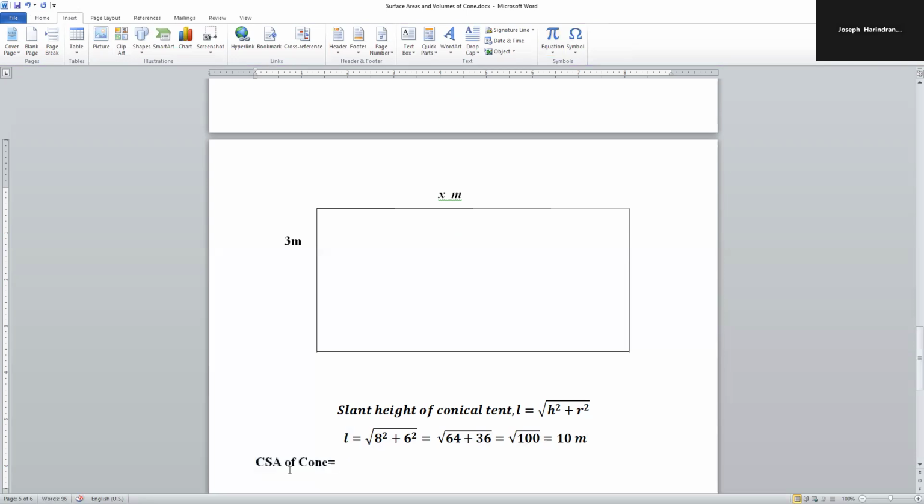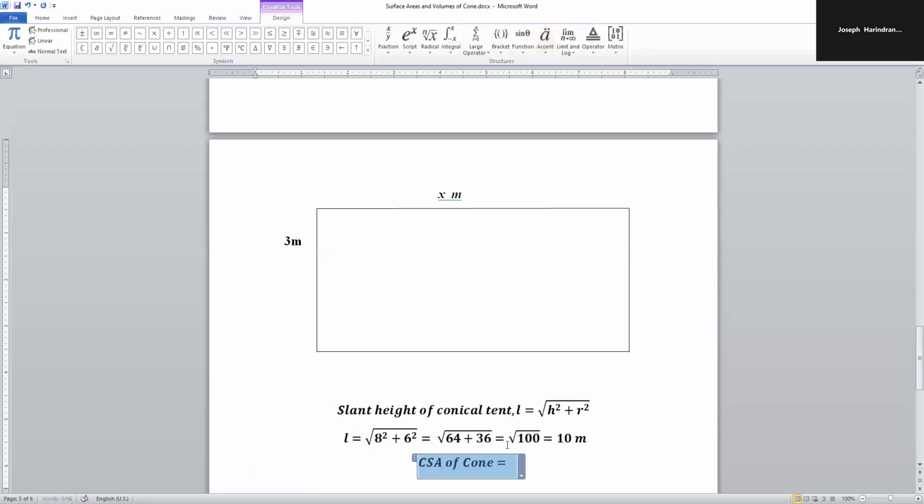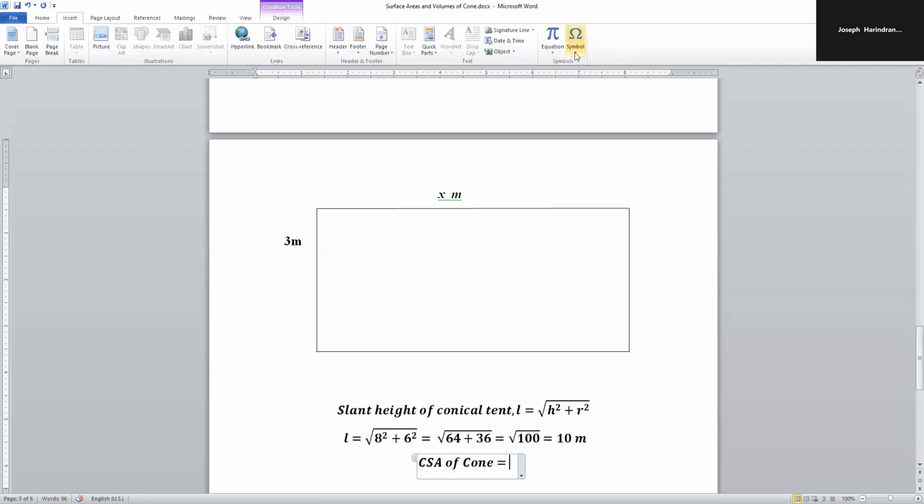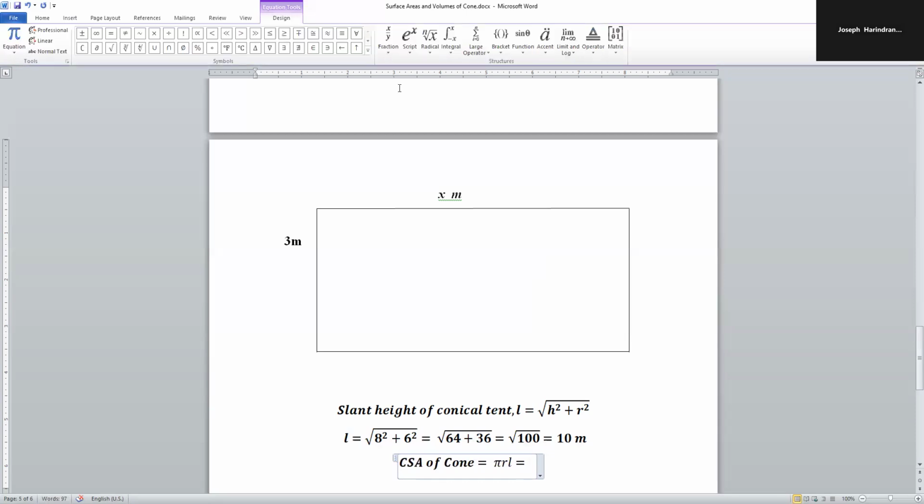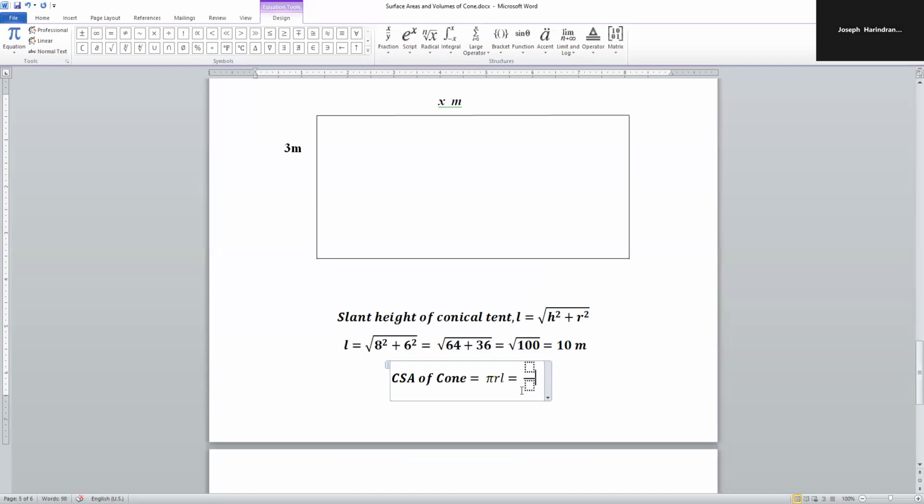So pi R L, that is equal to what? 22 by 7.